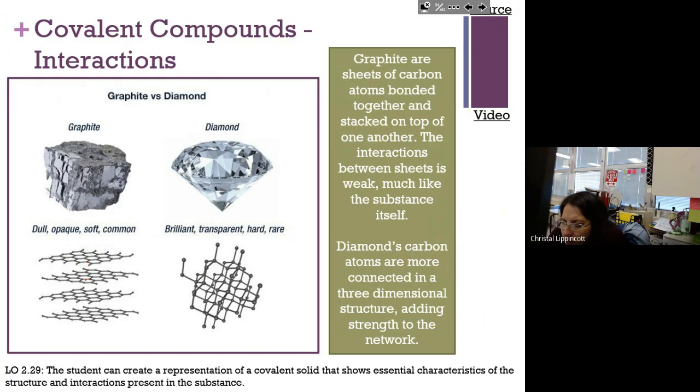I mean, they have a little bit of interaction, but for the most part, there are no bonds between these. So that's why it's easy to break pencil lead, for example. Diamond, though, has connections between these sheets, and that's one of the reasons why diamond is so much more resistant to being broken apart.